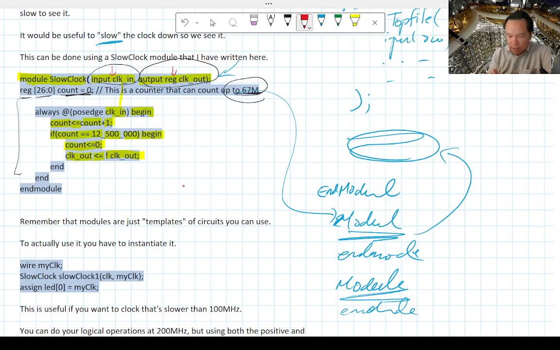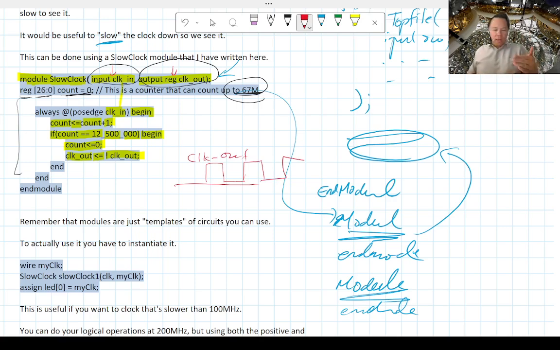So what is happening is that the clock out gets up and down, right, like this. Whenever this count reaches about 12,500,000. Why 12,500,000? Because I'm expecting this clock in to be 100 million per second.